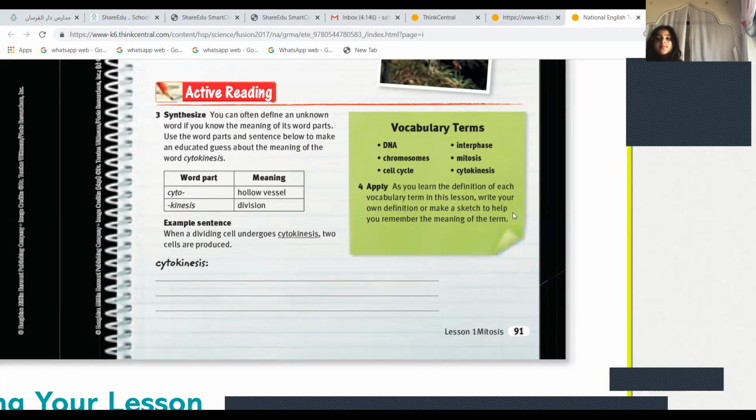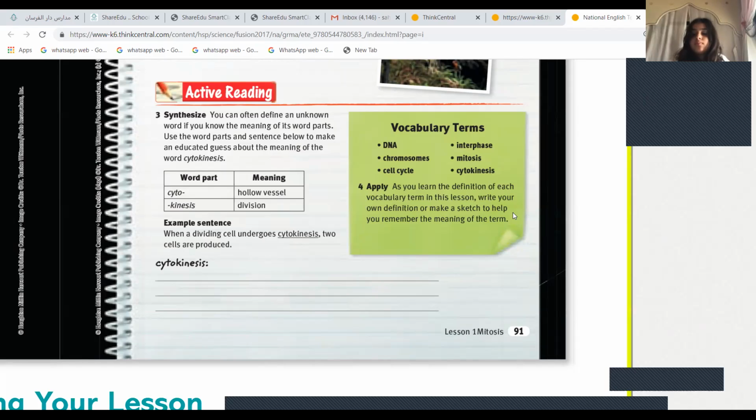What is the full form of DNA? Deoxy... Deoxyribonucleic acid. Yes, deoxyribonucleic acid. Okay.